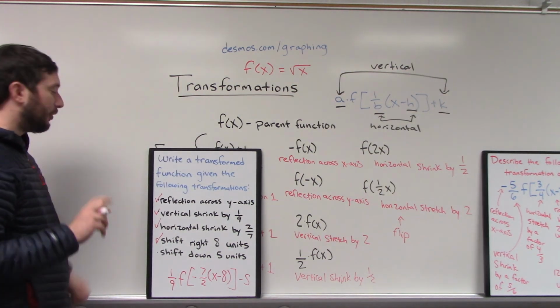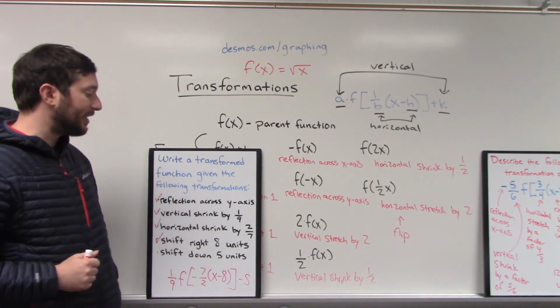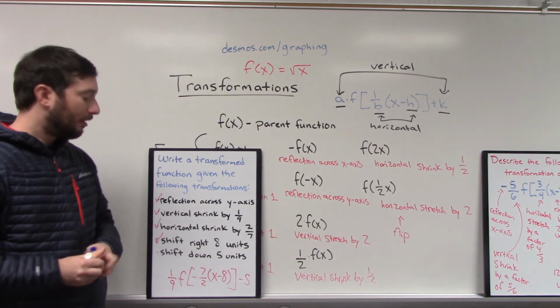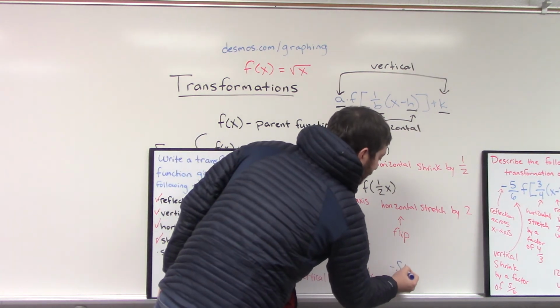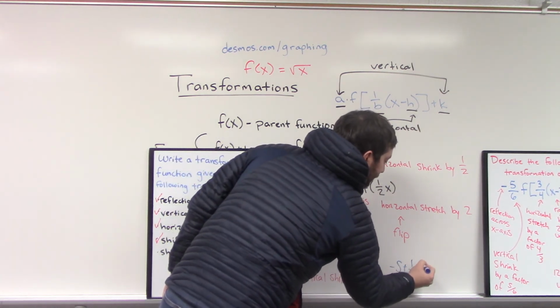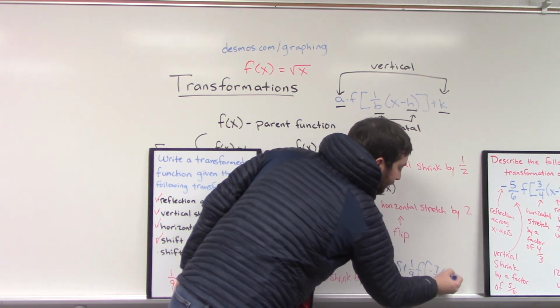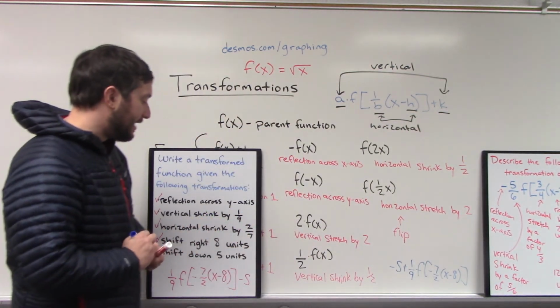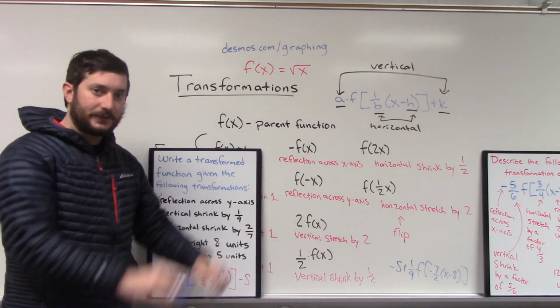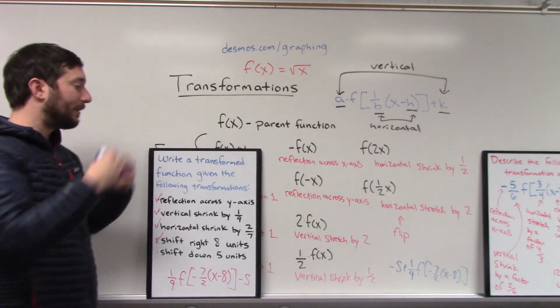Now, a quick note here is that there are 2 ways to write this answer. This is one, but you could have also written the answer like this. Negative 5 plus 1 over 9, and then everything on the inside of that parentheses would stay the same. Okay. The main difference here is that negative 5 can show up on the right side of your function notation, right, your transformed function, or it can show up on the left.